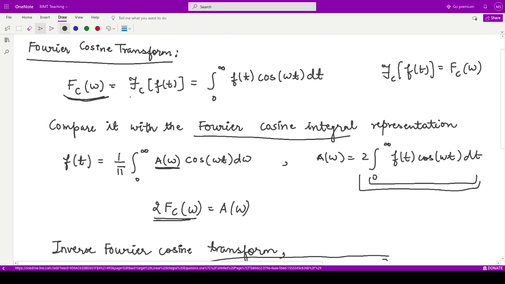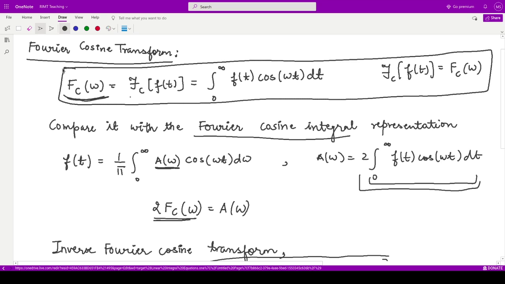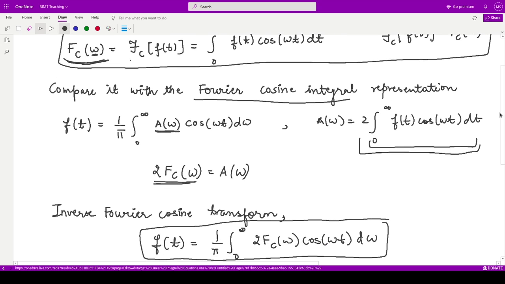So this is the formula for the forward Fourier cosine transform. Whenever you have the given function f of t, you want to calculate its Fourier cosine transform in the frequency domain. And if you have the coefficients in the frequency domain Fc omega and want to calculate f of t, for that purpose we have the inverse Fourier transform formula.